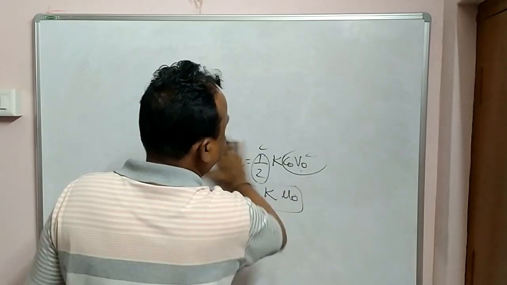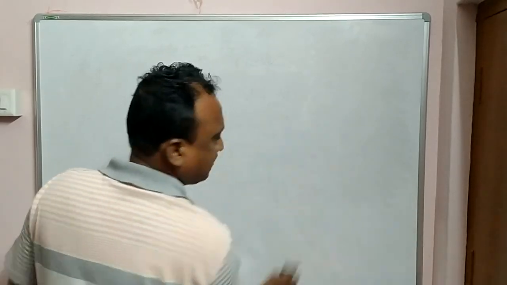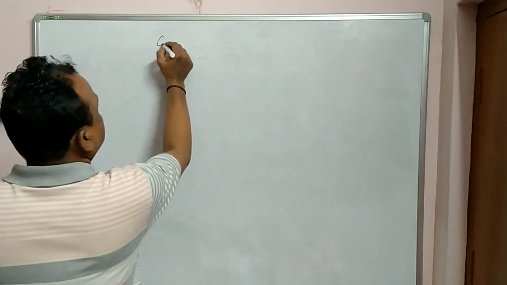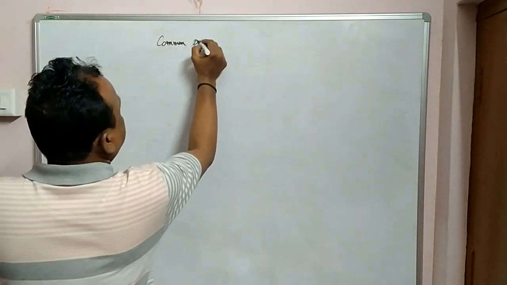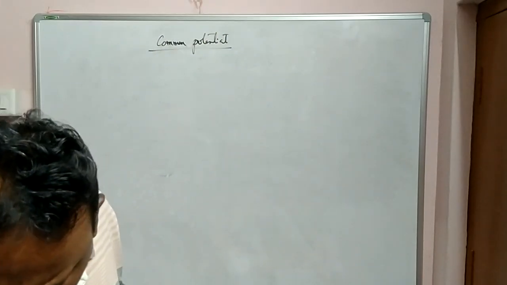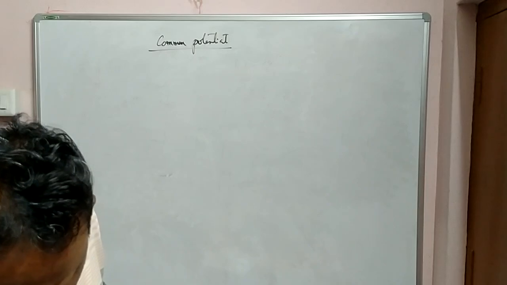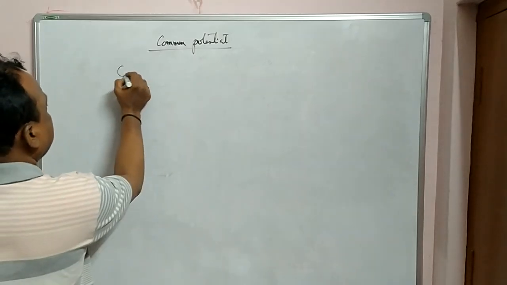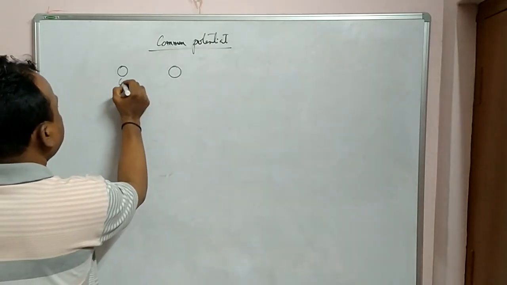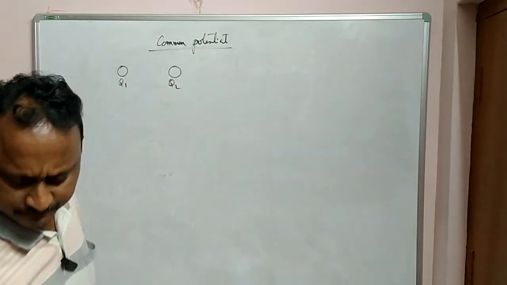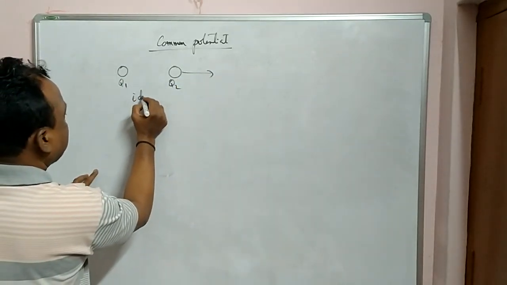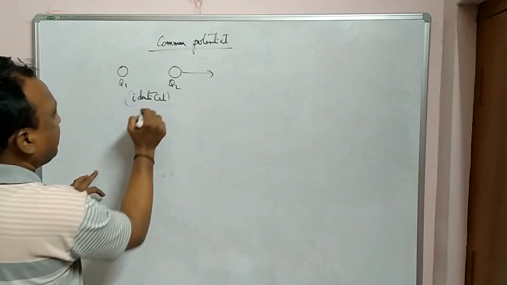Clear? Very important topic under the electrostatics. In the examination they are asking common potential formula. Okay, suppose for example this is one charge, this is one charge, let the values be Q1 Q2, both are identical, means same.